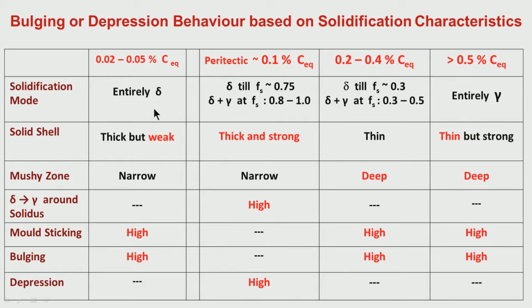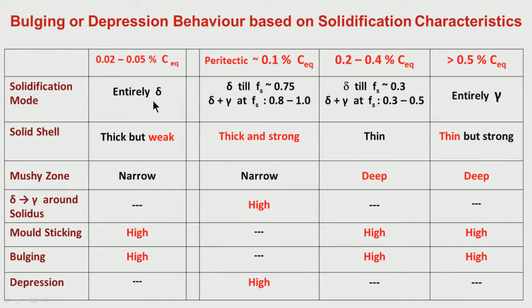Delta ferrite has a high temperature strength which, relatively speaking, is 1/5 of the high temperature strength of austenite. So, if you have total delta ferrite solidification for very low carbon, what is happening?